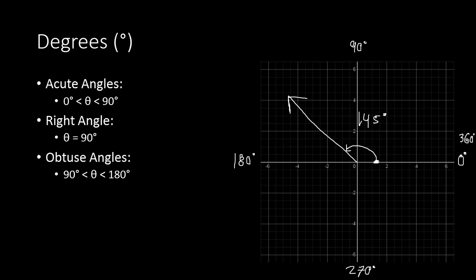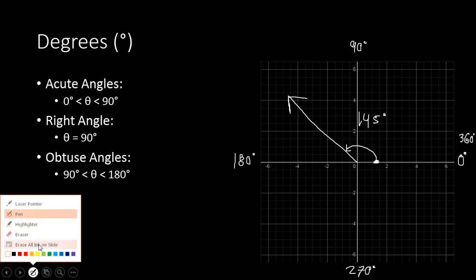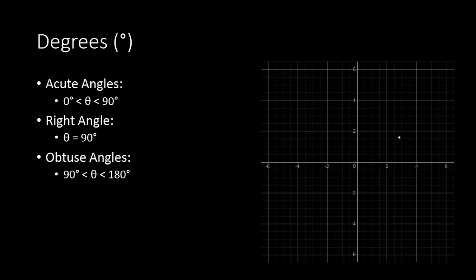All right. So the same thing applies to finding acute angles, right angles, and obtuse angles when rotated clockwise. Remember that in clockwise, we have a different set of angles, right?